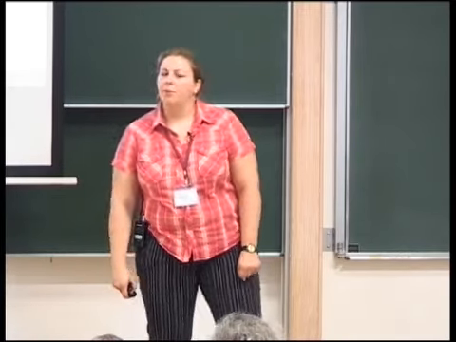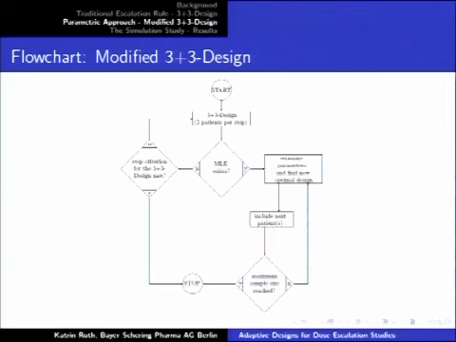Okay, so that would look like this. I start out with the 3+3 design. I check if the maximum likelihood estimator exists for the observed data and the model I selected. If yes, I can estimate the parameters and then determine this new design.